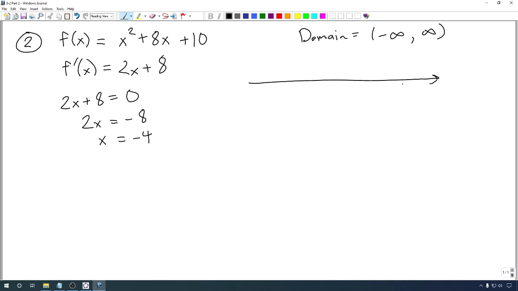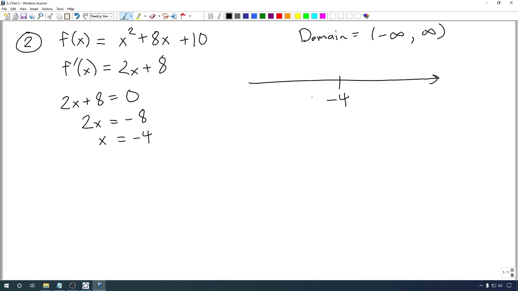We can even go ahead and just make our number line right away. Put in -4. Now we want to identify whether or not the derivative is positive or negative on these intervals. So from -infinity to -4, do we have a positive or negative value?